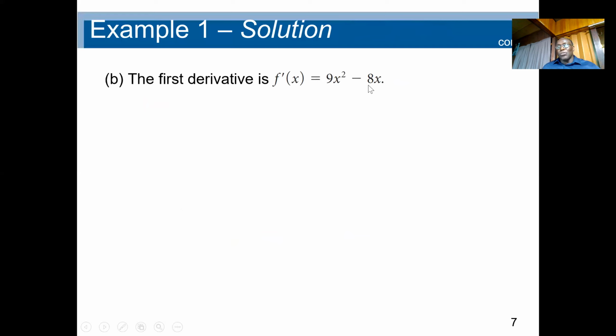After that, I'm going to find the second derivative. The second derivative will give me 9 times 2, which will be 18s minus 8. And that will be our solution, the second derivative. Now, if we need to find a third derivative, then it will be 18 minus 0, so 18.